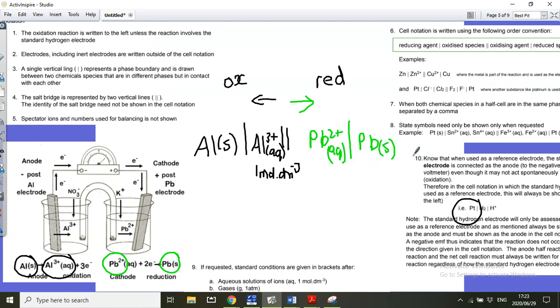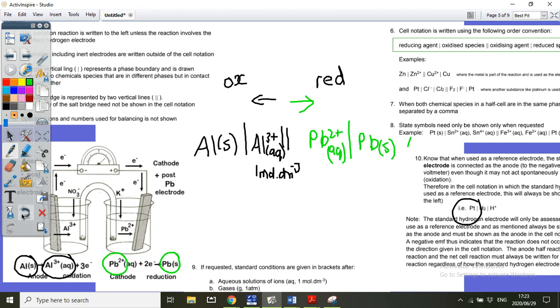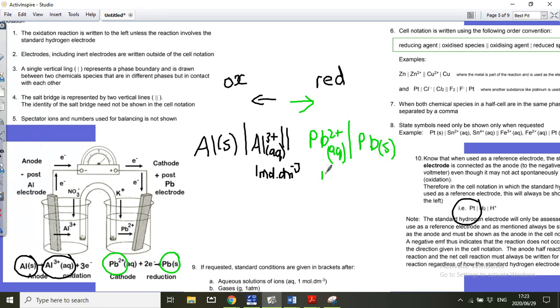If I needed another electrode, I would add it here: same phase, comma; different phase, solid line. But I still have to say for the aq substance that it is 1 mole per cubic decimeter. If there was a gas, you would have to say that it is at 1 atmosphere. And then somewhere, next to this, you have to say that it happens at 25 degrees Celsius.